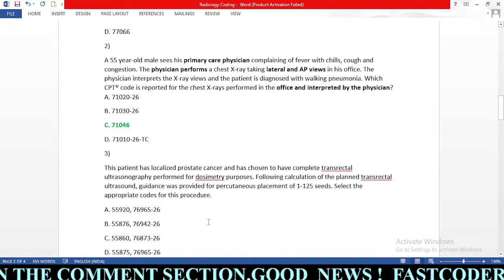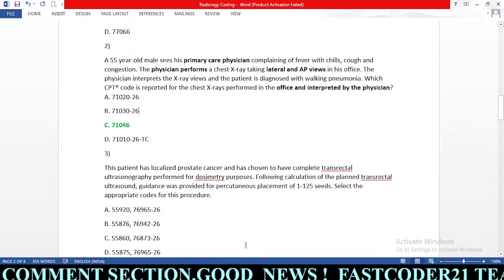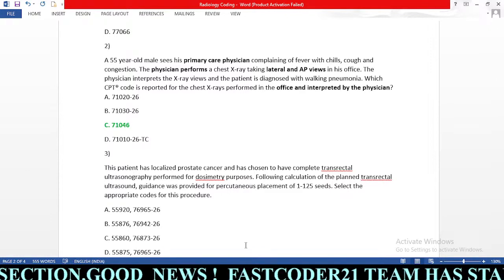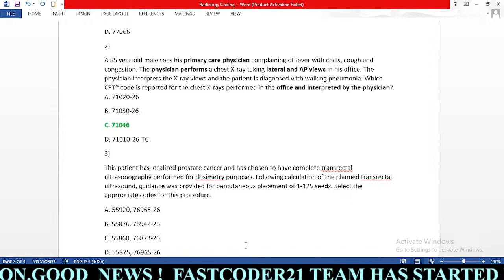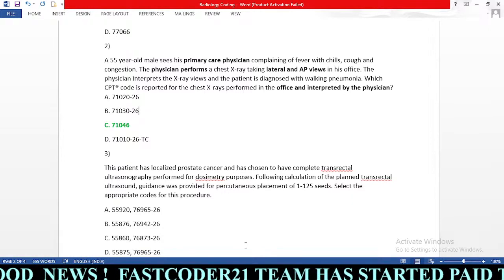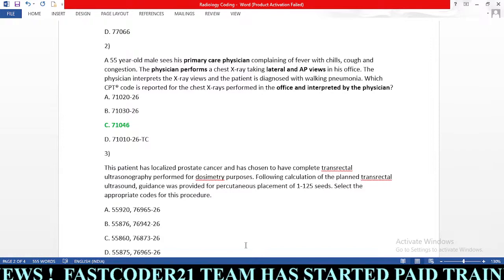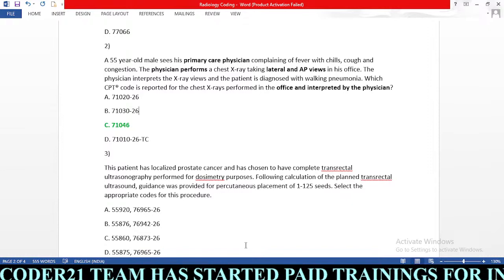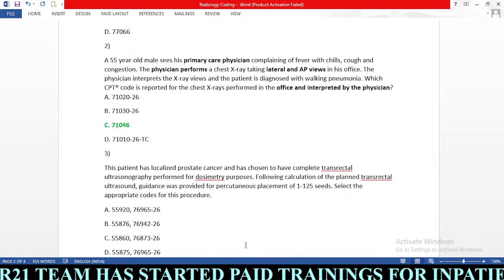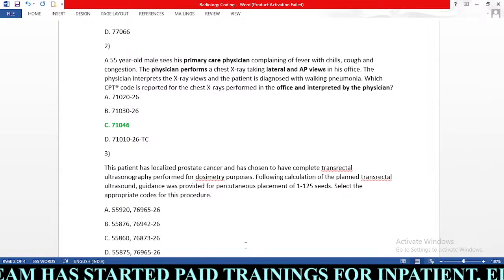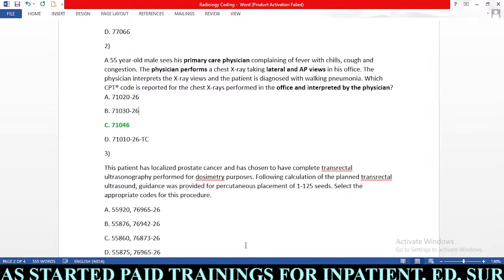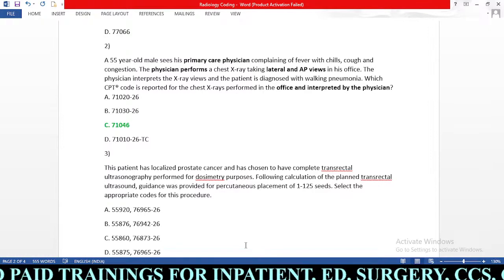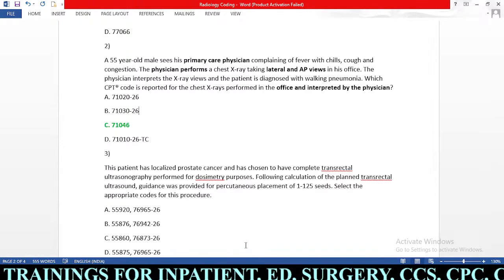So guys, try this one. If you are writing CPC, you need to identify the code a little bit fast, because I think you have mostly 2 minutes 40 seconds for each question. So you need to be a little bit fast. Read the third question and try to find the answer.